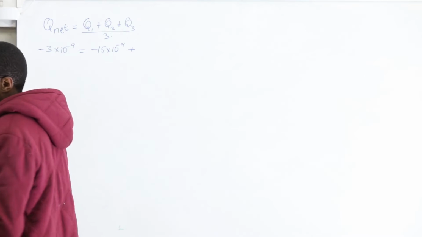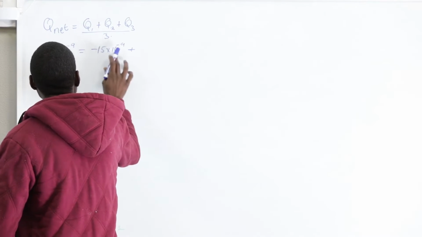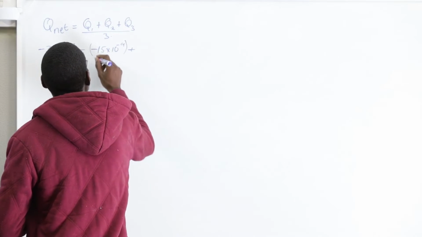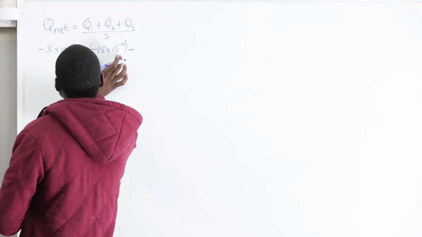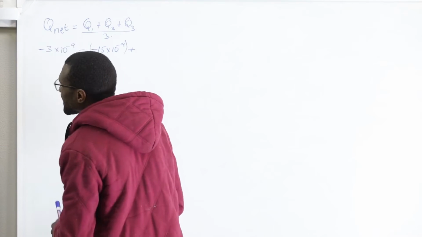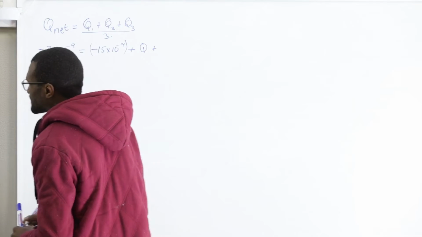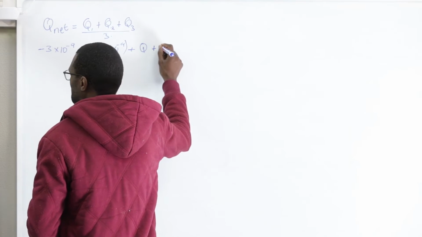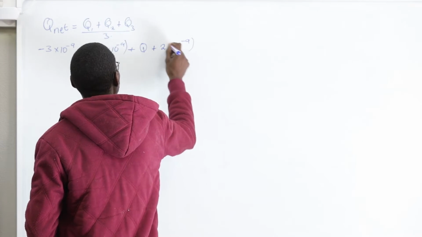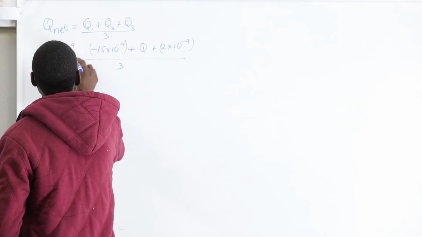So when we're finding the average, we add them as they are: minus 15 times 10 to the power negative 9, because this one has lots of electrons, that's why it's negative. Yet the other one, we do not know the charge of. Plus this one that's positive 2 times 10 to the power negative 9. All these are divided by 3.